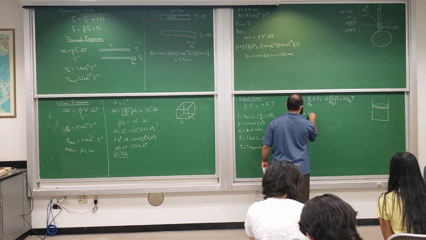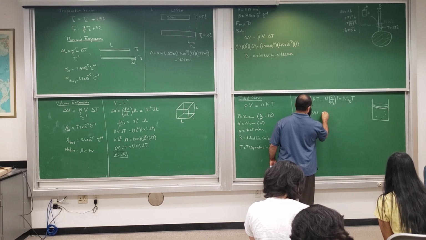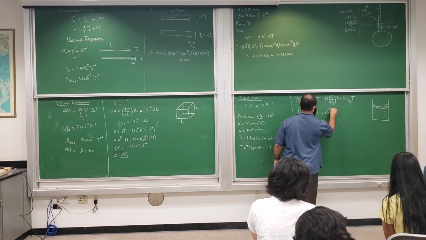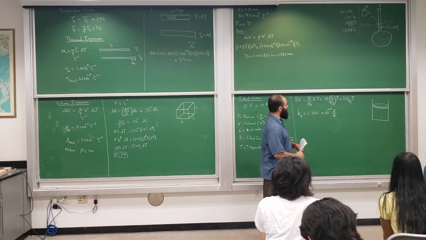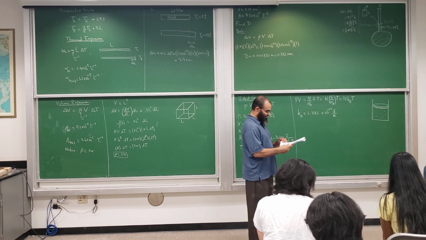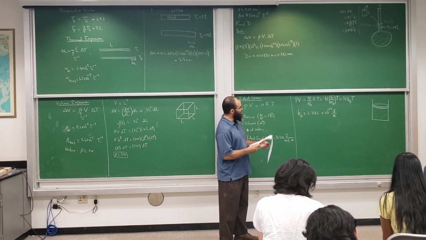It's 1.381 times 10 to the minus 23. In this case, the units are joules per Kelvin. So approximately 1.38.